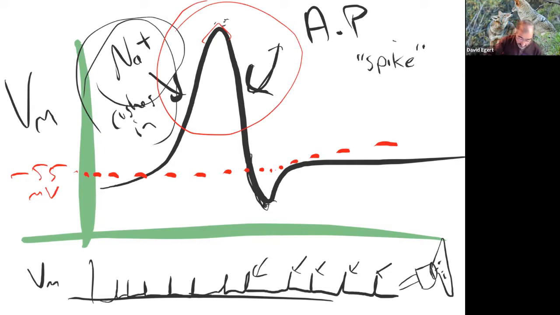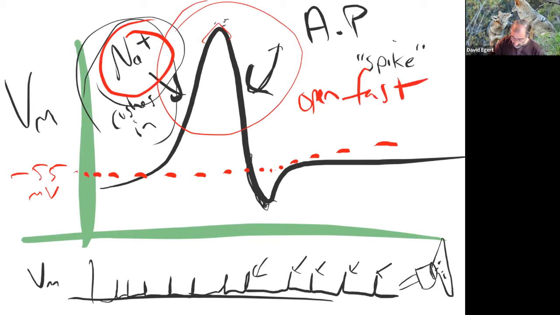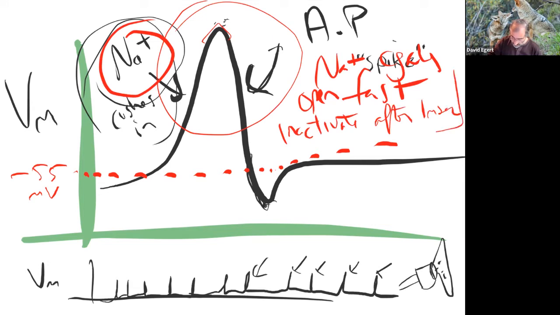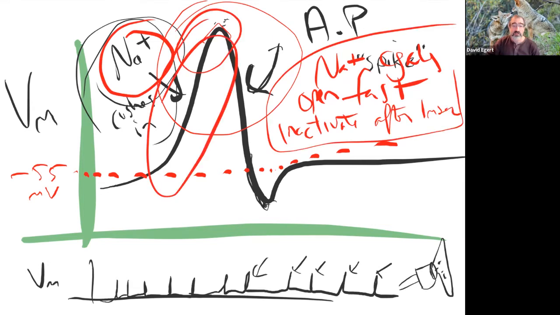But what happens is the sodium gates open fast and then inactivate after a millisecond. So they open and allow the voltage to swing up, but then they inactivate. And until they have a chance to totally reset, they are not going to have any conductance.